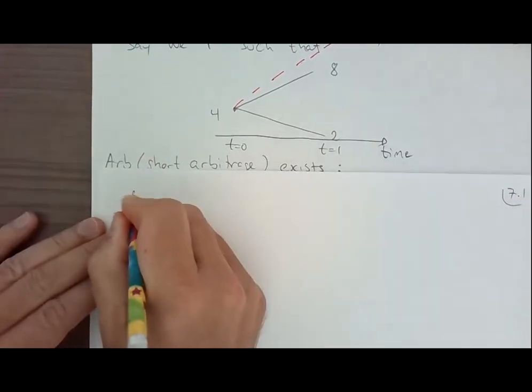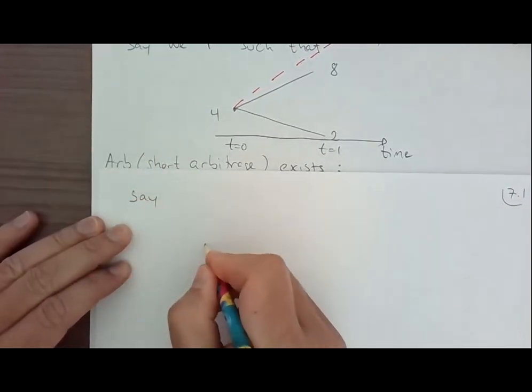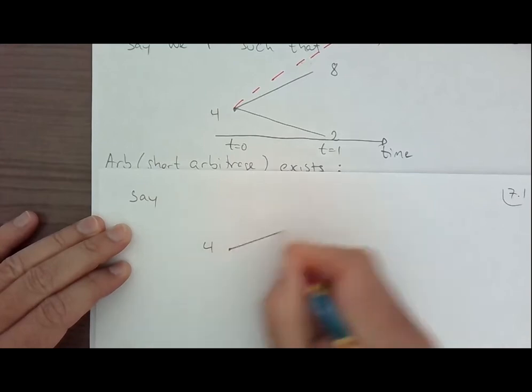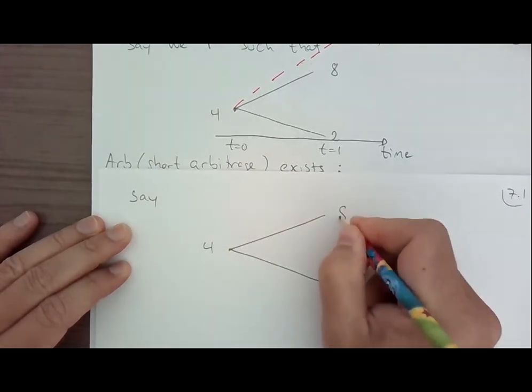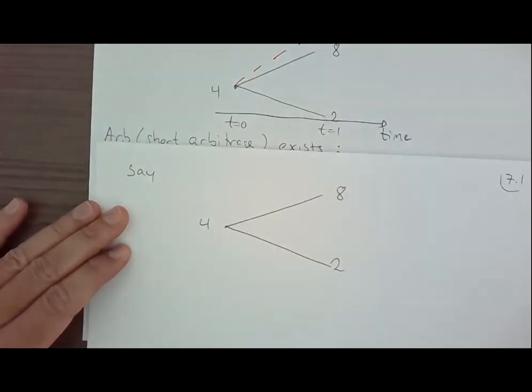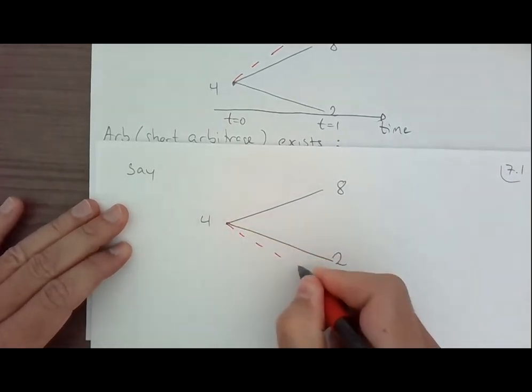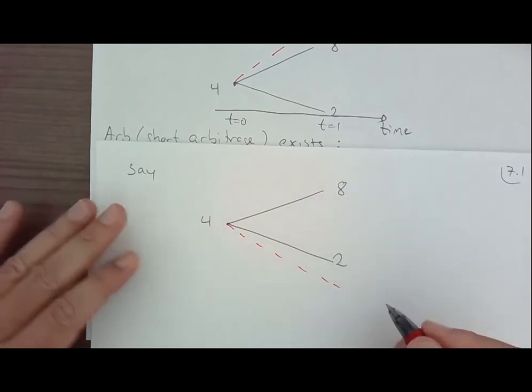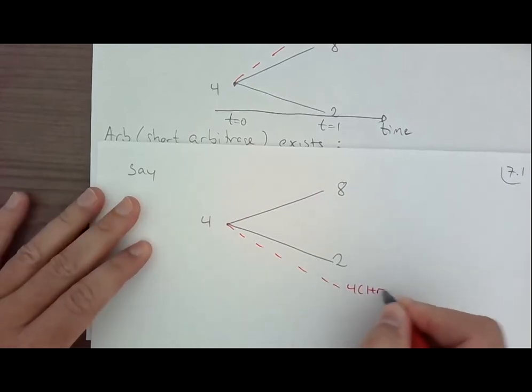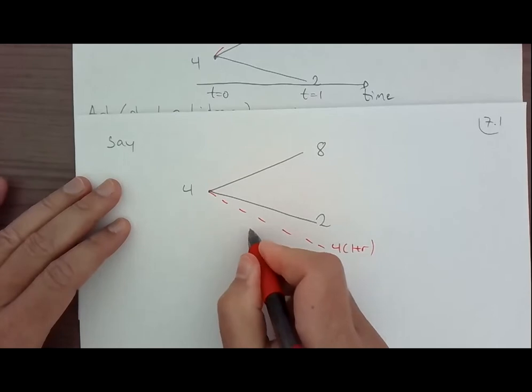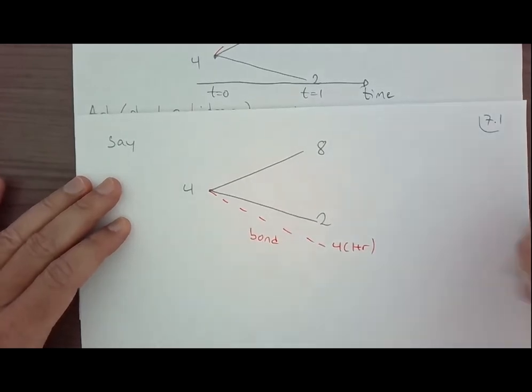So say instead, and then you have the red line. This here is equal to 4 times 1 plus r. So this here is the bond. This one here is the stock.